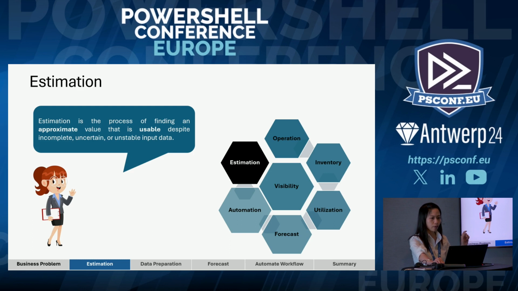First, we go into the estimation part. What is estimation? Estimation is the process of finding an appropriate estimate value that is usable despite incomplete, uncertain, or unstable input data.